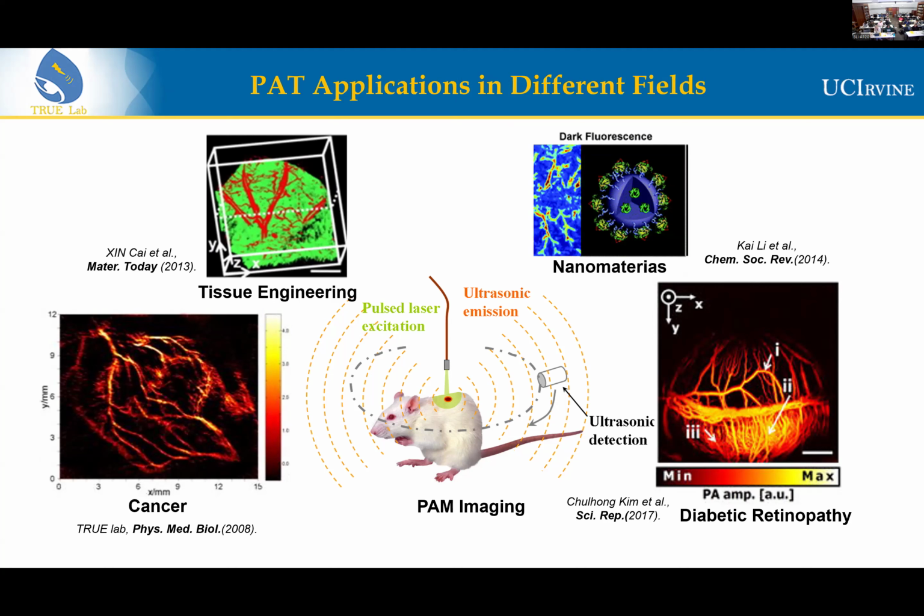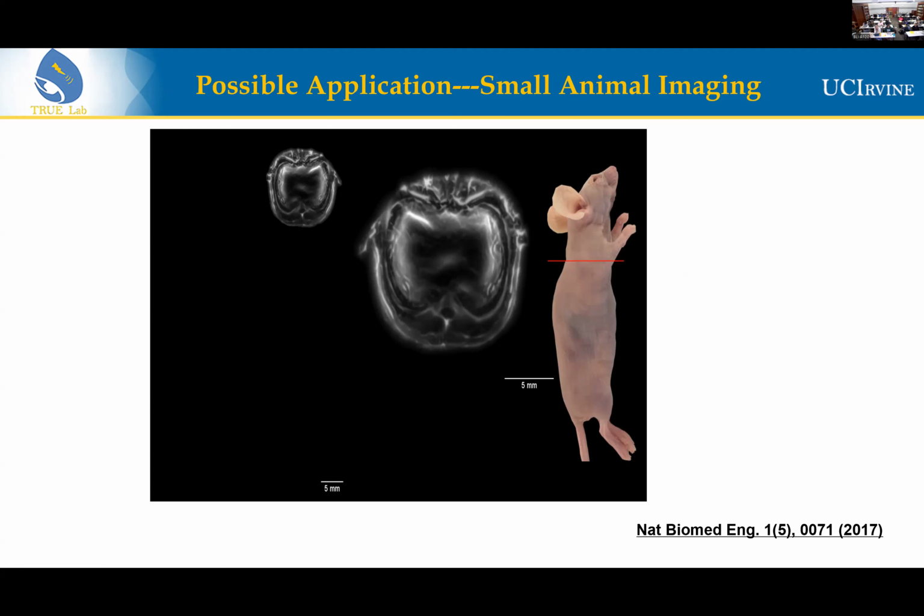I think so far the most promising application is really the small animal imaging. Although I don't know if you guys have heard, recently the new NIH director and the NIH put a statement that they don't want too much of a small animal study.